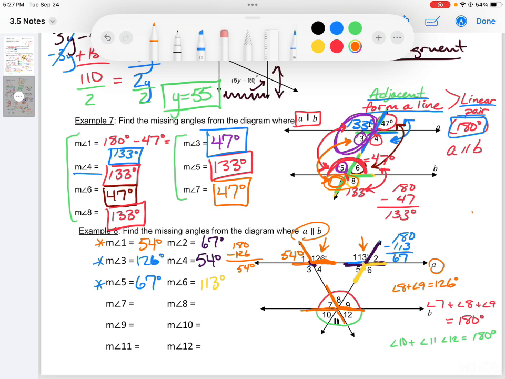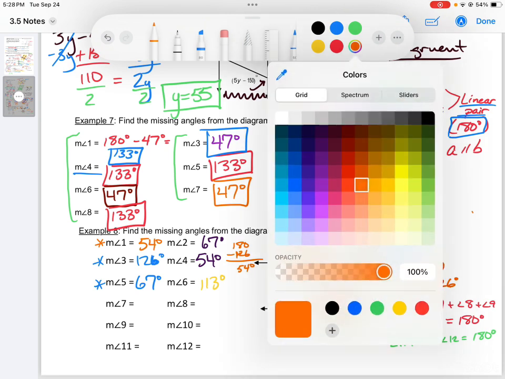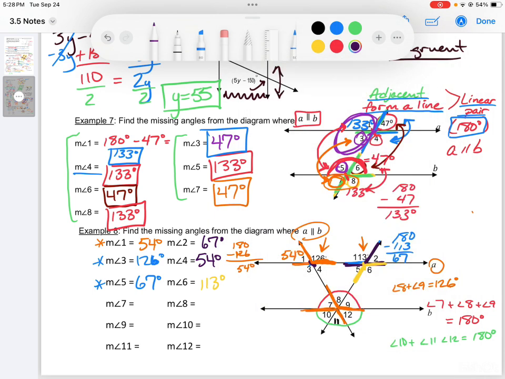And that means 10 and 11 together should, because they're vertical. And the last thing I want to point out before we get into it is that 8 and 7 together, see how they're corresponding to this angle right here, 113. So 7 and 8 should equal 113. So you just have a lot of visual references here.